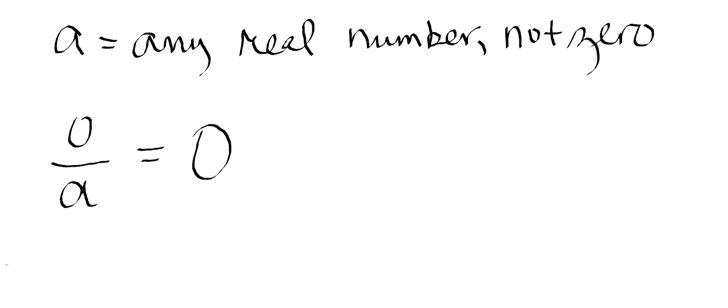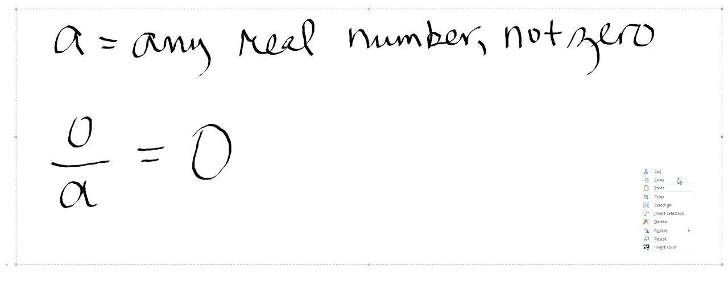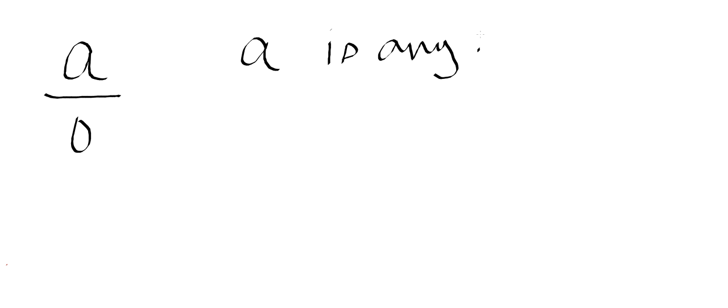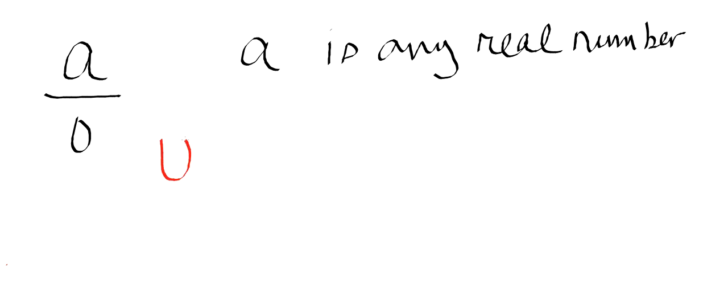But a divided by 0, where a is any real number, is something we call undefined.